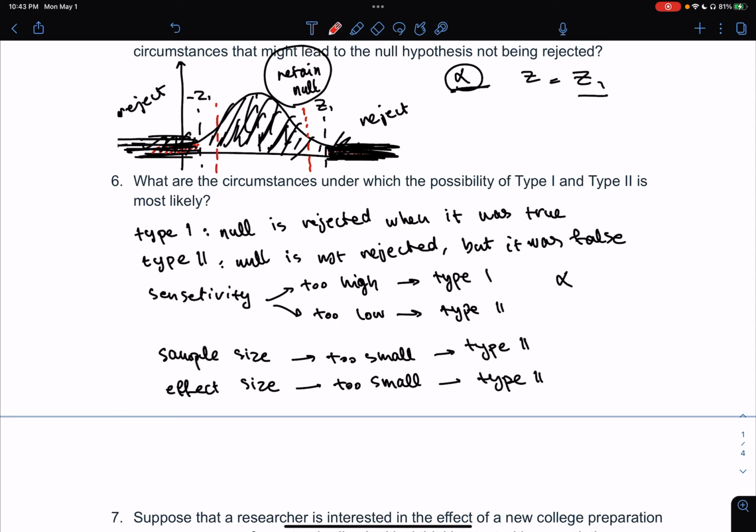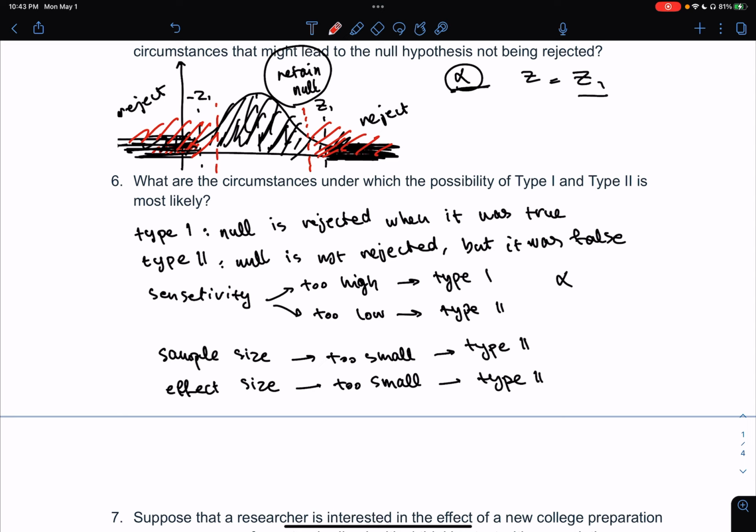So our rejection area is larger, and we are more likely to reject the null, which consequently makes us more likely to make the error of rejecting the null by mistake.